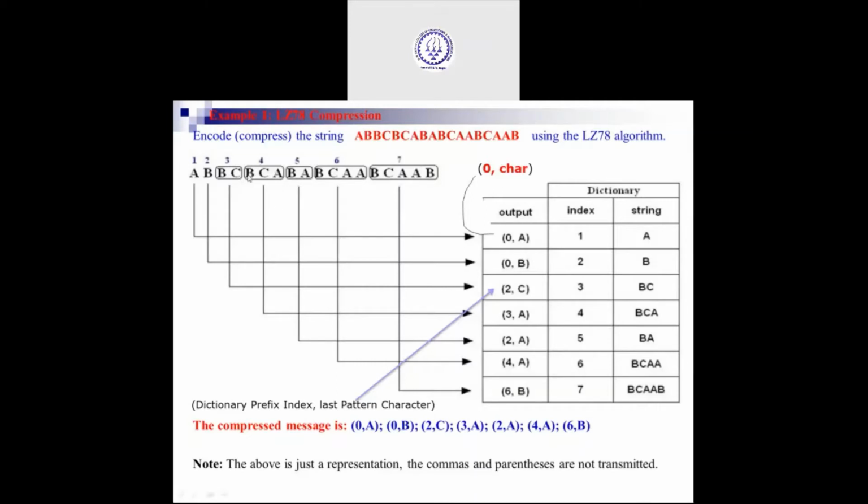Next, B is already present, C is already present, BC is the previous string that we have, and one innovative letter that we add here forms the fourth string BCA.